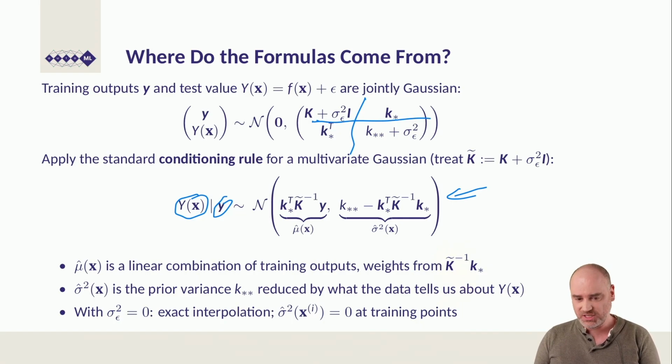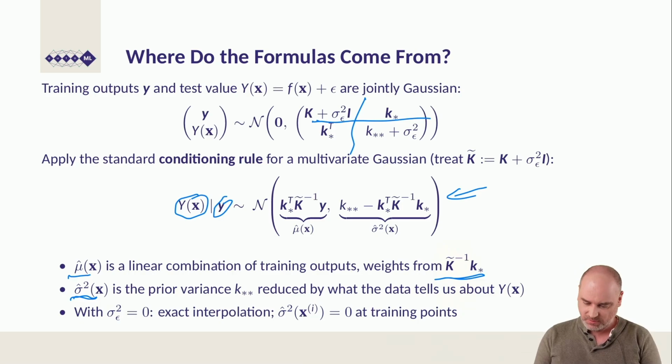From this you can also see that your posterior mean vector mu hat is a linear combination of the training outputs weighted by this guy here. I can see this directly from the formula. This posterior variance is in a certain sense the prior variance at the test point reduced by what the data tells us about the value y of x.